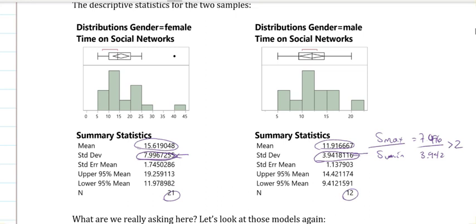And if you're like, well, you know, Megan, that's basically 2, we can also see that our sample sizes, N1, is very different than N2. So even if you're like, 7.996, that's basically twice 3.94, that's good enough to assume equal standard deviations, our sample sizes are so different, we still are going to use the unequal standard deviations assumption.